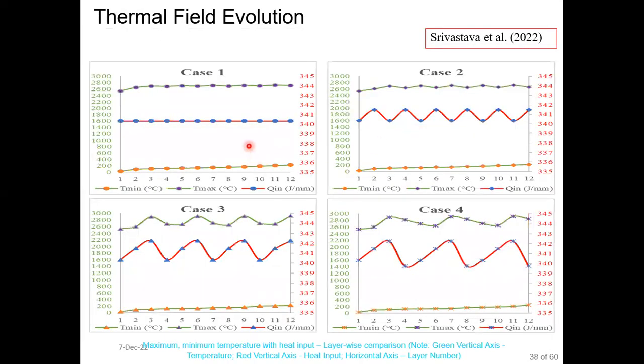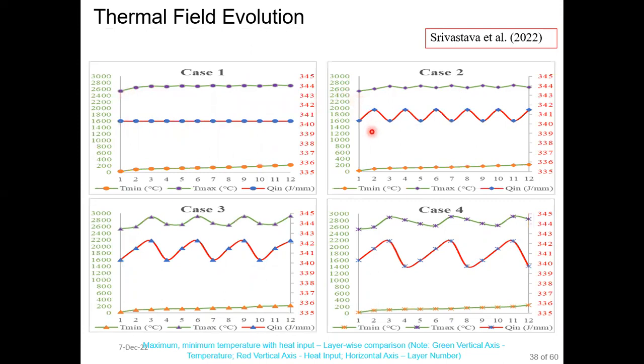After that, as I have proposed different layer-wise heat input strategies, in case 1, as I've used constant heat input, the temperature profile is almost constant. This green line shows the maximum peak temperature, which ranges between 2500 degrees Celsius and 2800 degrees Celsius for case 1.